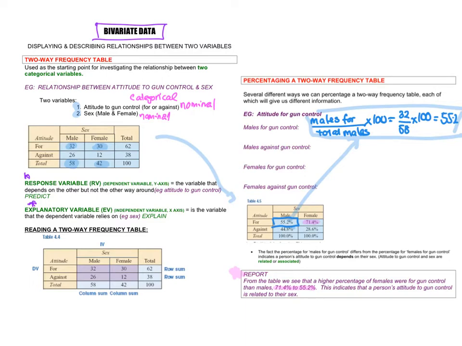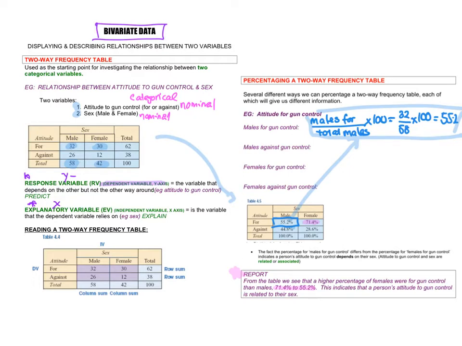The response variable is on your y-axis, so you might want to make sure that you're saying that's the y variable. And the explanatory is the x on the x-axis. Later on when we do some scatter plots, we're going to see that. We need to be able to decide which one's which, because it will make a major effect on all of those.